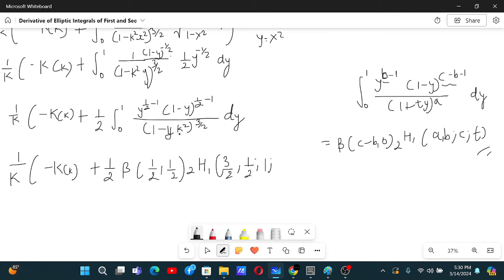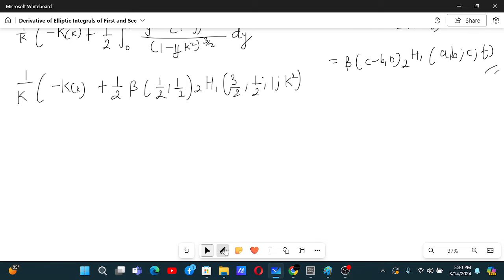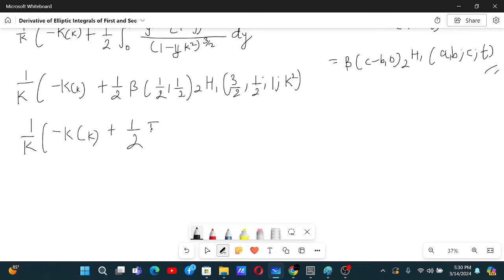And we have t as k square. Now after this, we will try to use the gamma function for this one. That gives us 1 by k, minus K of k plus 1 by 2 times gamma 1 by 2 gamma 1 by 2 by gamma 1, and that is root pi times root pi, so that's pi.